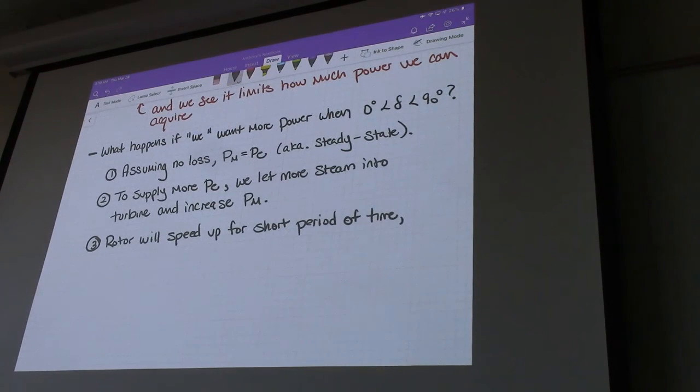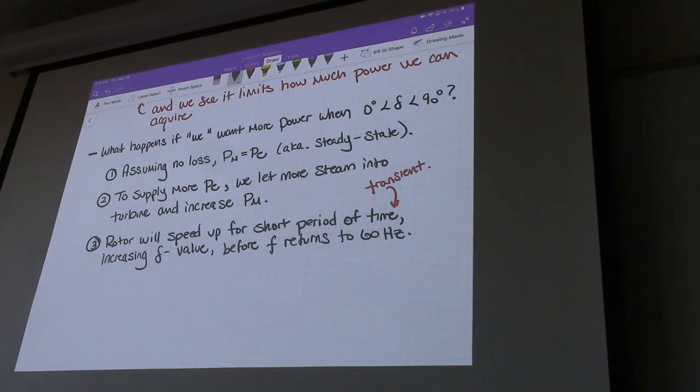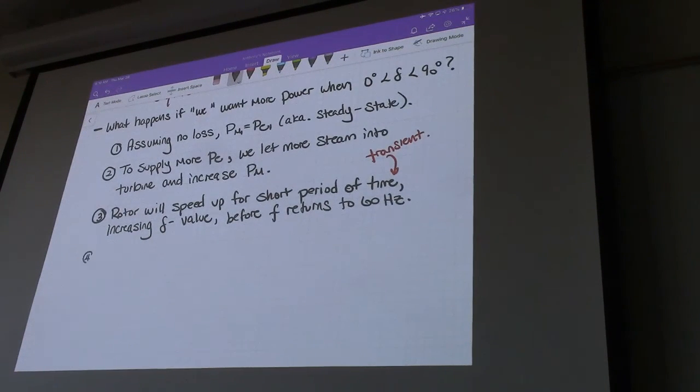For the transient, and you'll reach your new steady state.